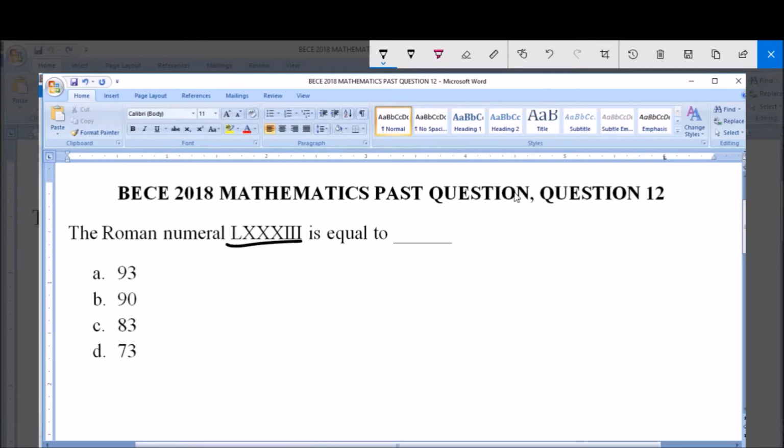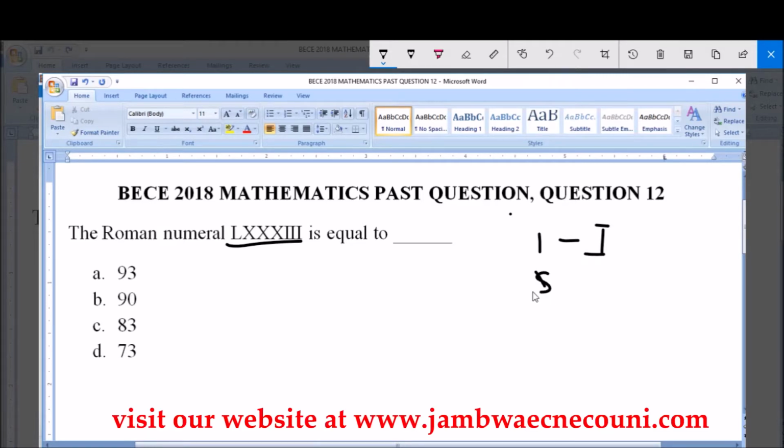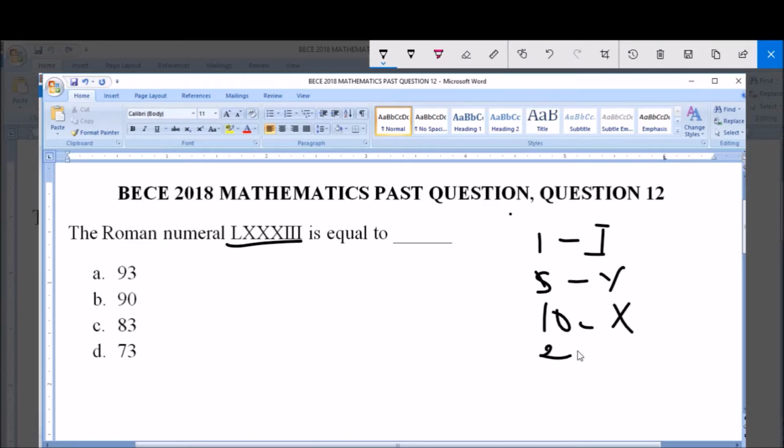Into our numbers. And like we know, Roman numeral is simply what? A system adopted by the Romans, in which numbers are represented in capital letters, whereby your 1 is represented as I, your 5 is represented as V, your 10 is represented as X. So therefore 20 will be given as what?